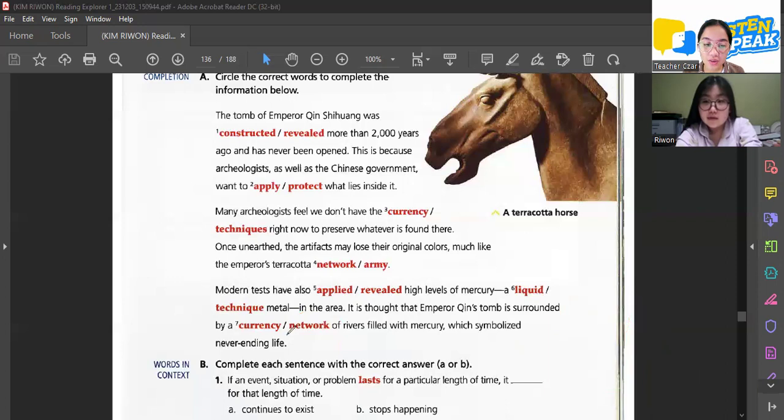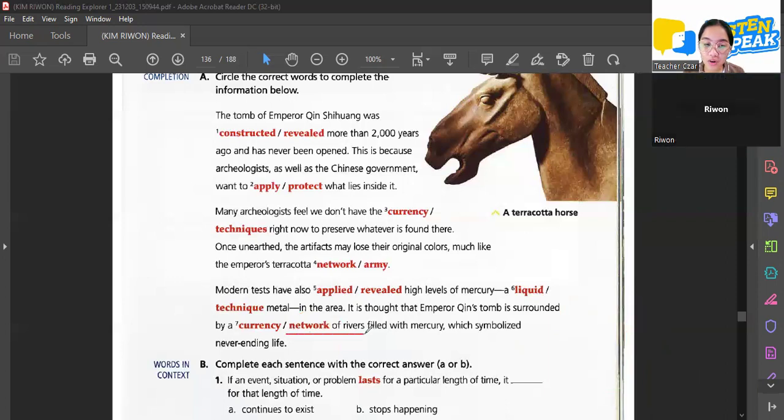In this one, we are talking about a network of rivers, meaning different paths or a system of rivers. So that's why it's network. Oh, yes, it's network. Okay.